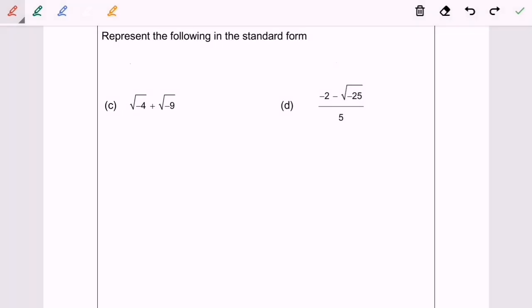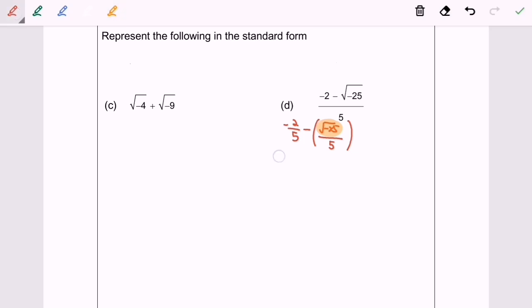So now I'm going to discuss question 6d. First step, I'm going to split it to become negative 2 over 5 minus the square root of negative 25 over 5. Next, my focus will be the square root of negative 25.